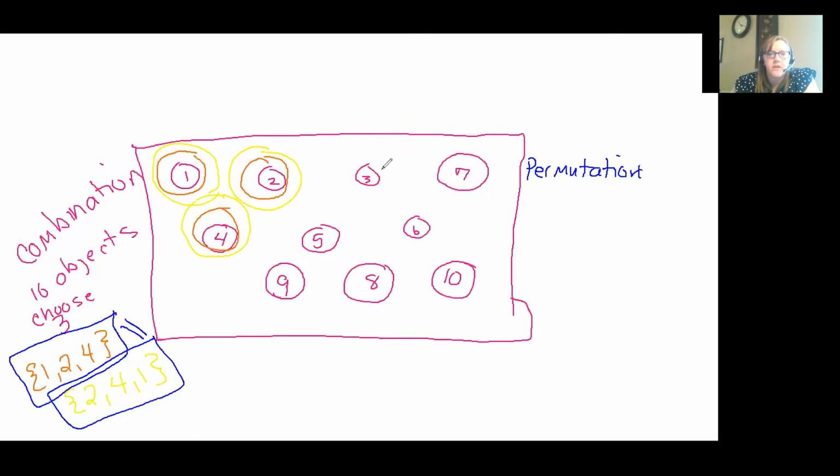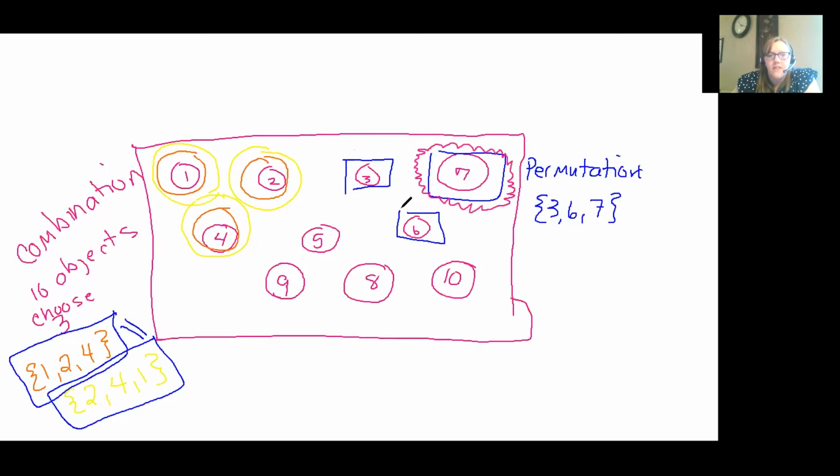So for example, if the first time they go in and they say, I want 3, then 6, then 7. And then a little while later, they decide that they want to draw 7, and then 6, and then 3.